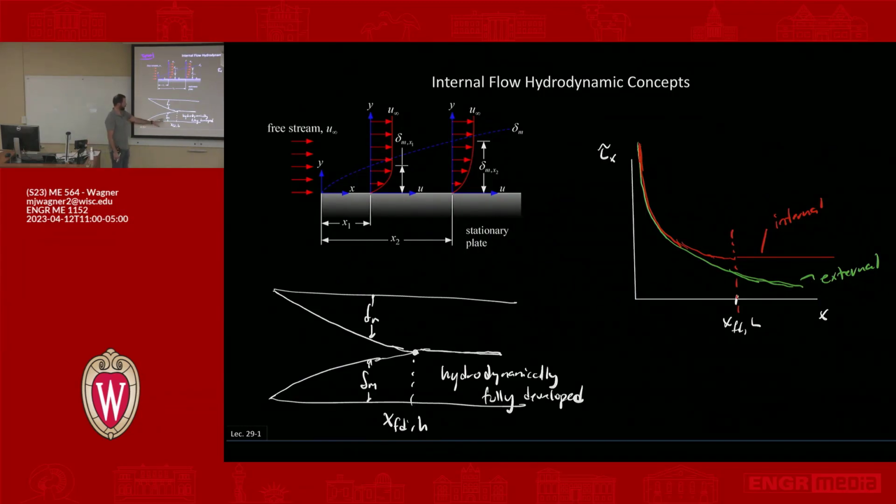If this is a third of the length, then it's important, because you have this really big entrance effect that doesn't get washed away at all. So let me write, this is the developing region over here.